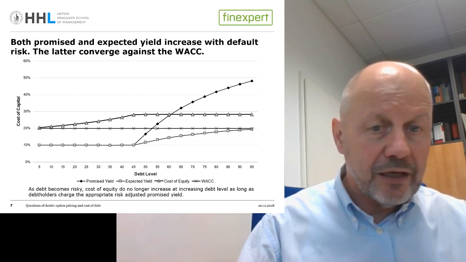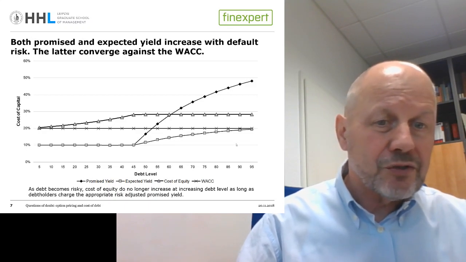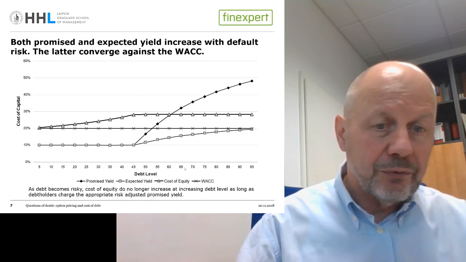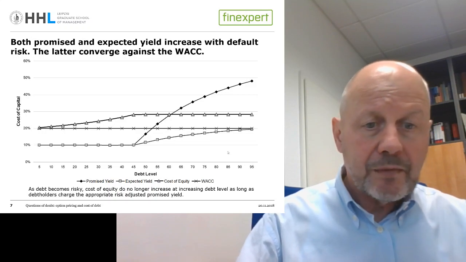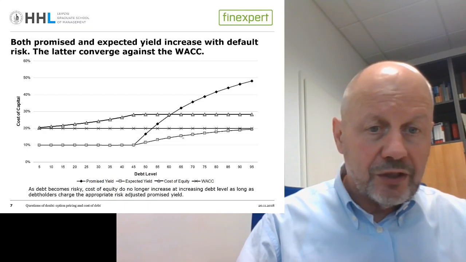But you can also see that the promised yield reacts much more strongly to the further increase of the debt level. You see that our cost of debt are converging against the WACC.